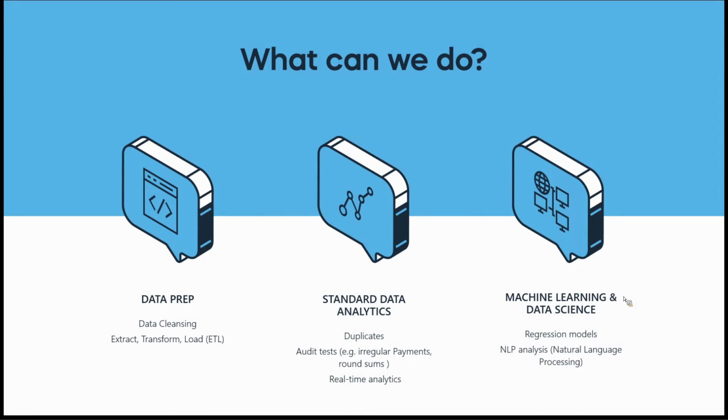So on to the next one. I think normally when people mention tools like Python, the first thing that they talk about is machine learning and data science, the more advanced kind of projects. But actually, you can just as easily do what I guess you call standard audit analytics, things like duplicates, finding irregular payments, and round sums. And as we mentioned earlier, you can also integrate Python and R with tools like Power BI and Tableau.